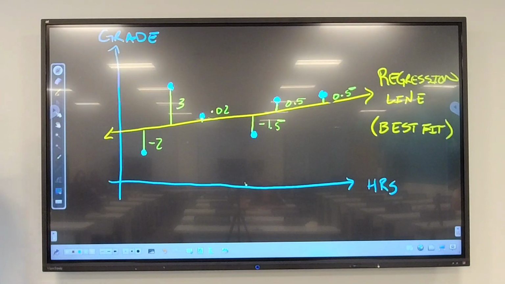Then, I can now tell you the definition of the regression line.